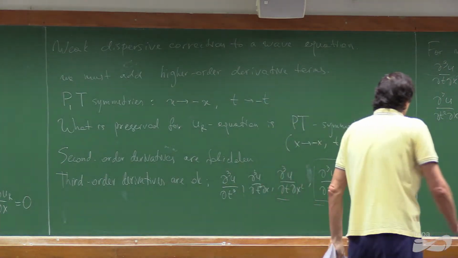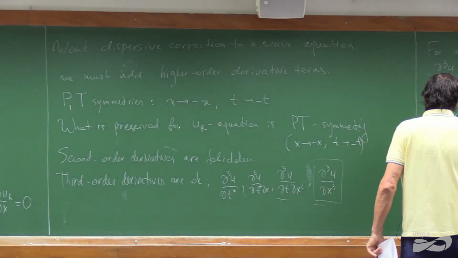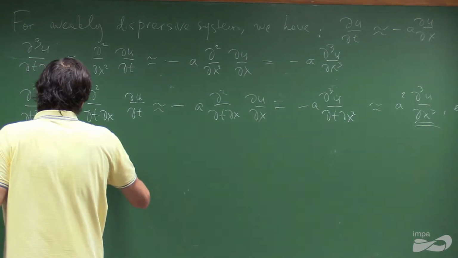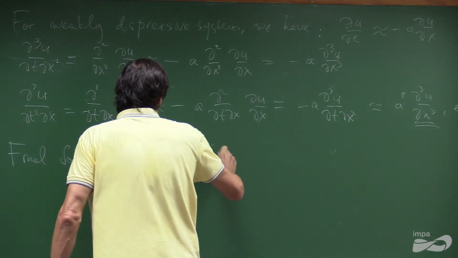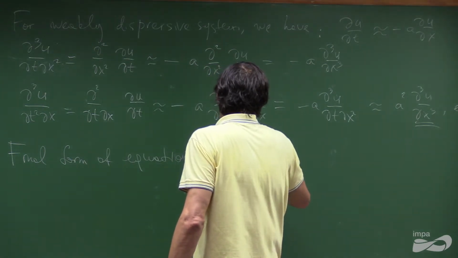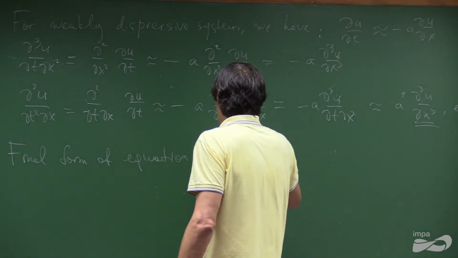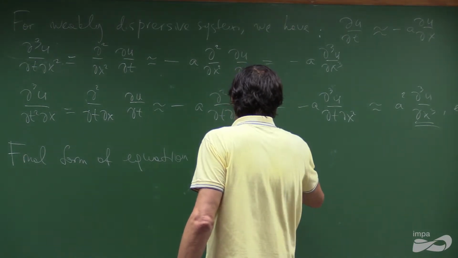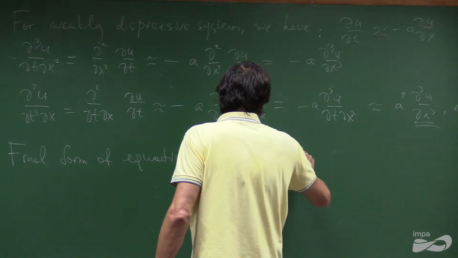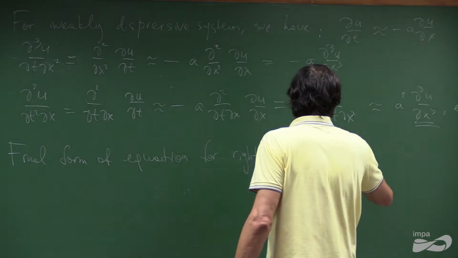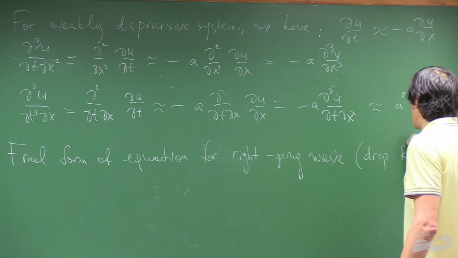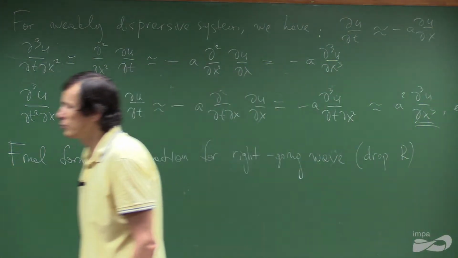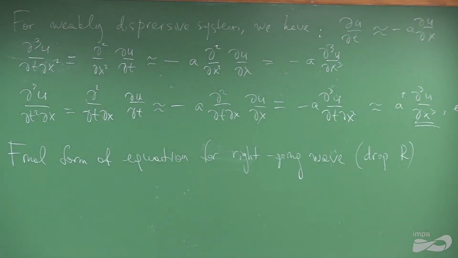So the final form of the equation for the right-going wave. I will drop the index r. So we have to add these terms.